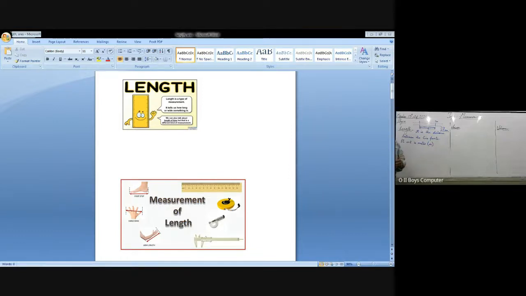But we have to present these lengths in different units as we measure them. So we should be capable to convert these measurements from one form to another. So what is the next thing? That is the conversion of units.